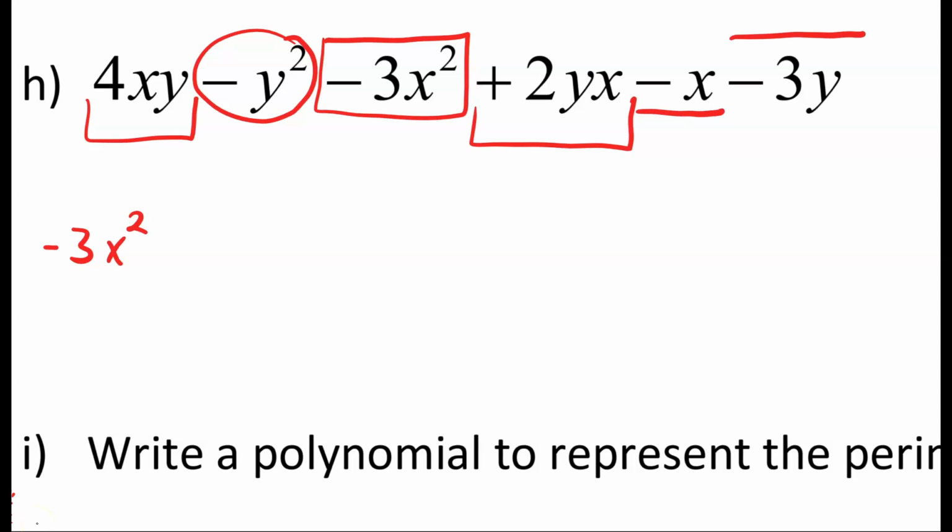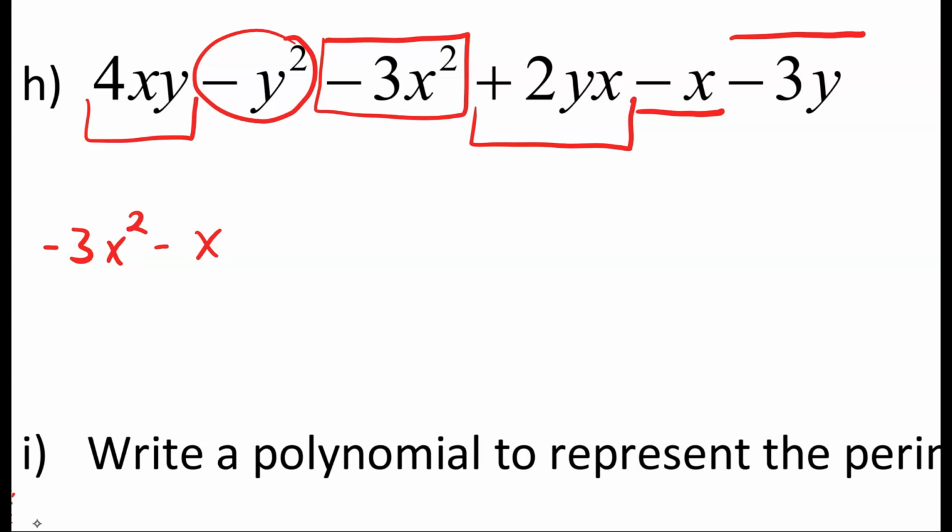Following x squared, I want to write down anything that's going to have x to the power of 1. So x by itself. Where I have x by itself is negative x, and I also have x to the power of 1 when it is xy. So I would write that following x by itself because y is my next letter in the alphabet.